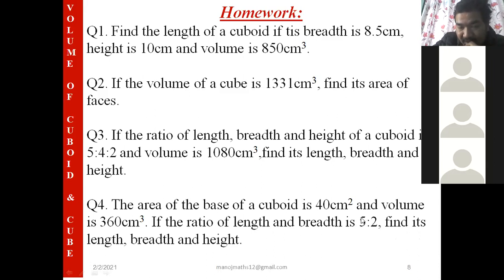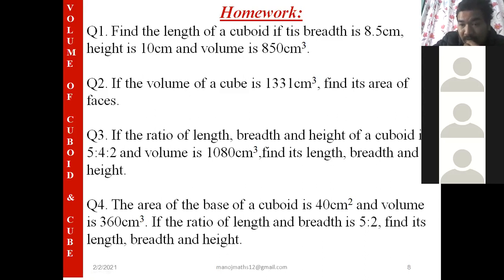Length was 5x. 5 into 2, what will it be now? Sir, 20 centimeter? No, length will be 10, 5 into 2. Yes, sir, 10, because we just found the value of x to be 2.